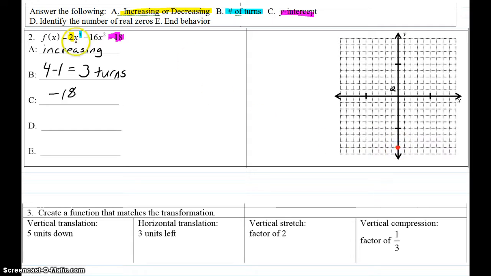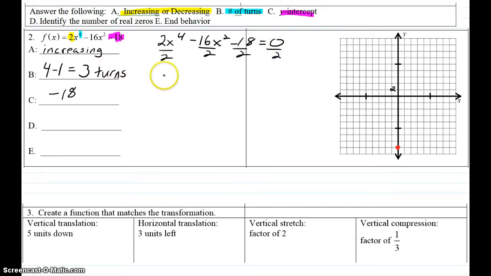And now let's see if we can identify the real zeros. And so we have 2x to the fourth minus 16x squared minus 18 equals 0. This time I am going to divide, take out the GCF, so I'm just going to divide everything by 2.